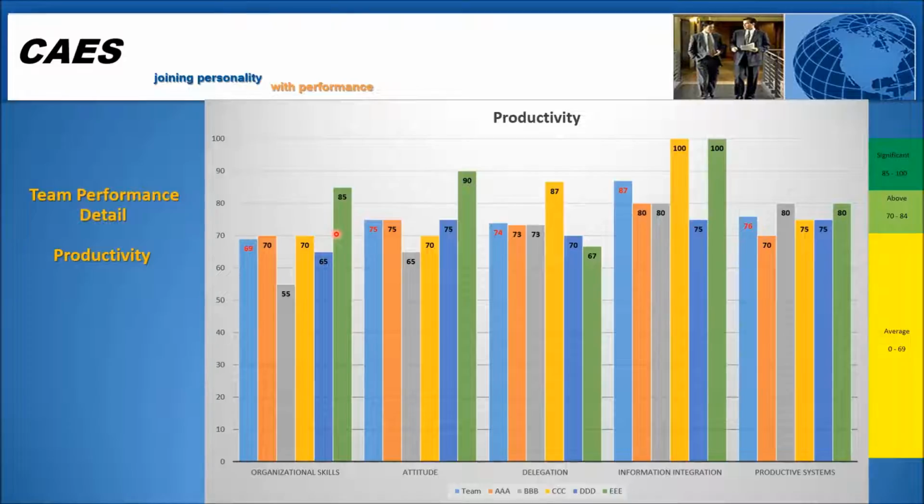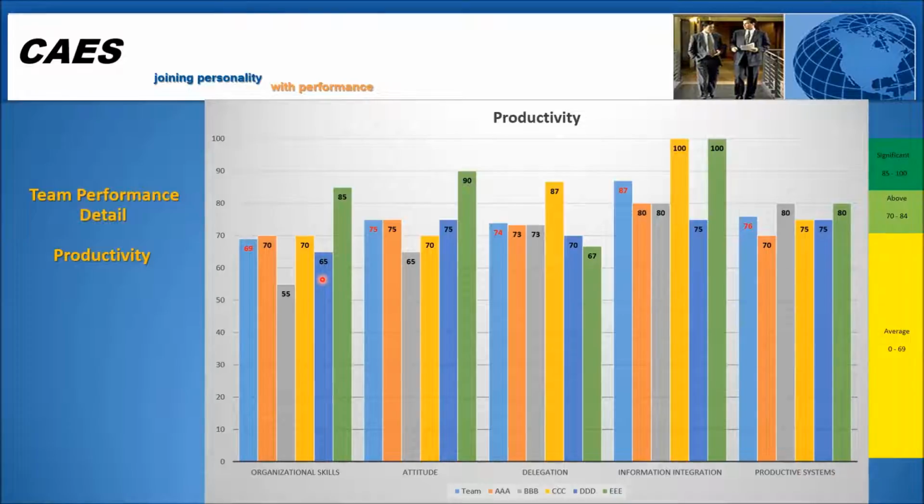I'm wondering if there's a correlation between a positive attitude towards organization and productivity and somebody's willingness to develop proper organizational skills. Here we can see that member E has a very strong attitude towards productivity and also is very organized in their approach.